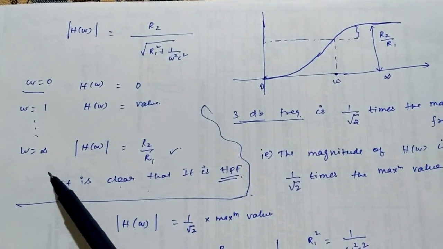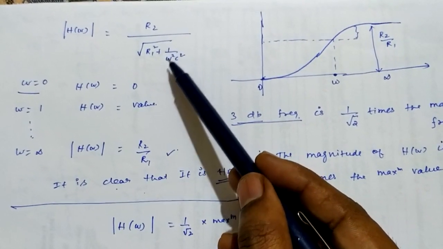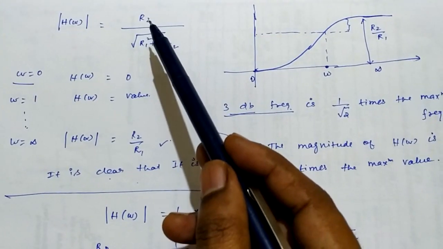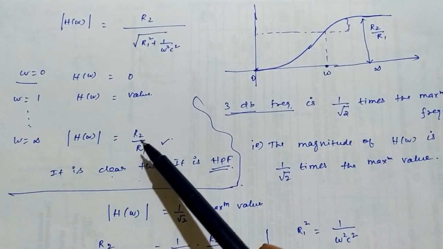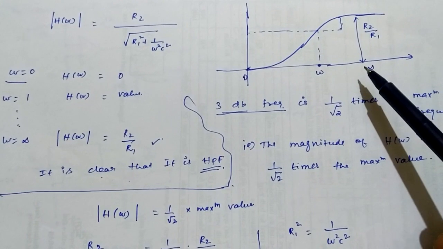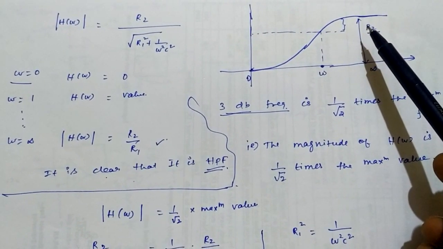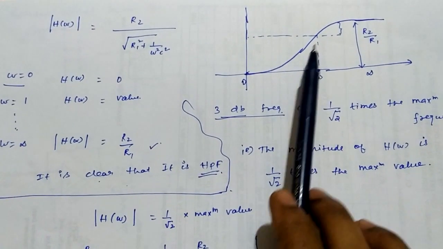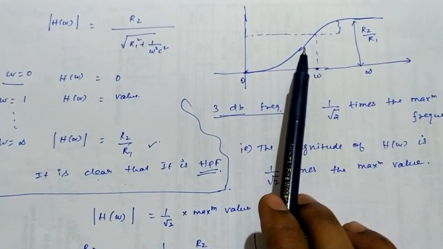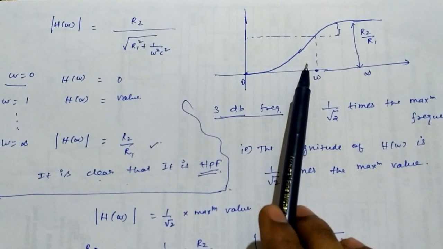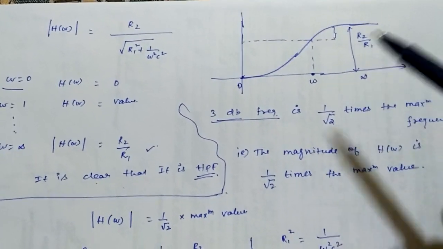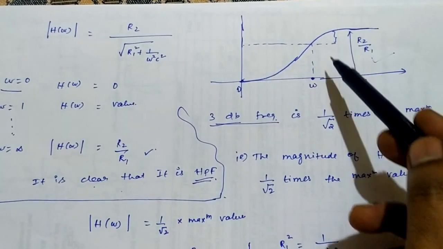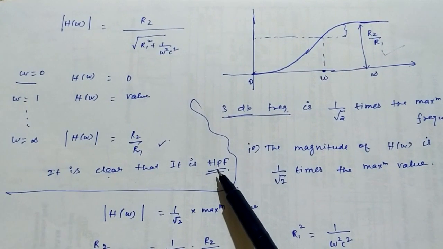When omega is equal to infinity, 1 by infinity is 0, so this entire term is 0. Therefore the magnitude is R2 by R1. When omega is infinity, the magnitude is R2 by R1. So from the diagram, it is observed that it will suppress the lower frequencies and allow the higher frequencies. So this is called a high pass filter.